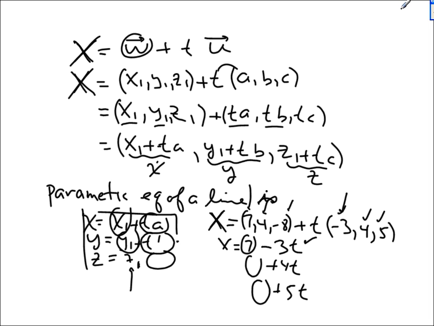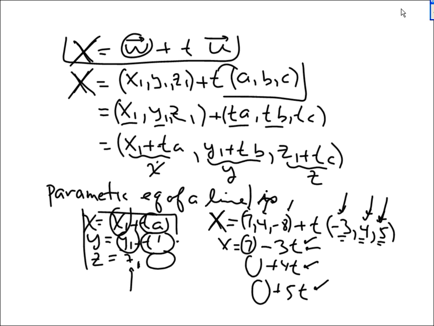And those numbers were from the vector. Negative 3t I added, plus 4t, plus 5t. So we can go from this form, which is the same as this form, to parametric.